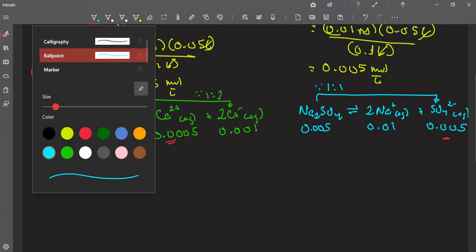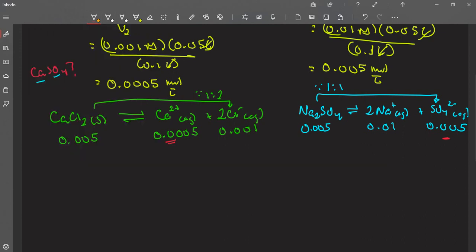Okay, back to a different color. This is what is really happening here. We have what we're really testing for, calcium sulfate. That dissociates, looks like this. Fortunately it's all the 1 to 1 ratio. So if we're going to test if calcium sulfate forms a precipitate, then we need an expression for this.